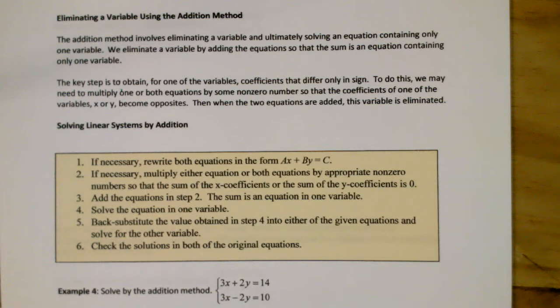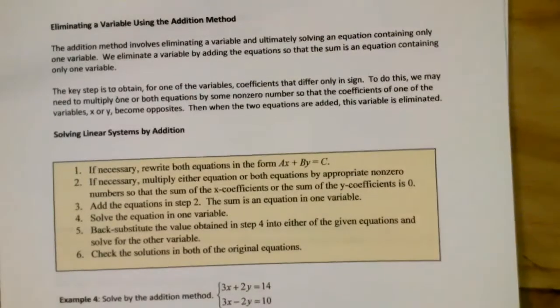To do this, we may have to multiply one or both equations by some non-zero numbers so that the coefficients of one of the variables, x or y, become opposites. Then, when the two equations are added, this variable is eliminated.